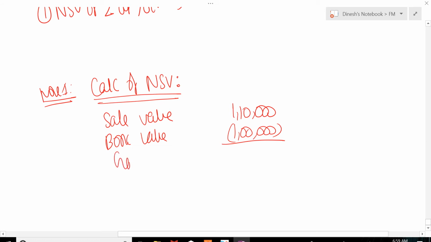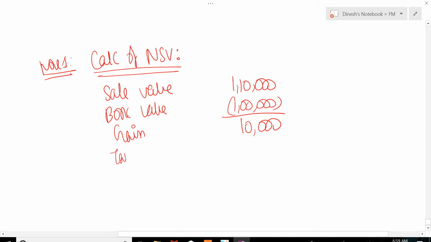Gain is 10,000. On this gain we have to pay tax. Tax paid. What's the tax rate given in the question? 5,000. And NSV is 1 lakh.